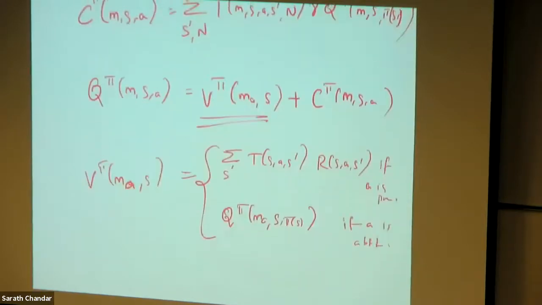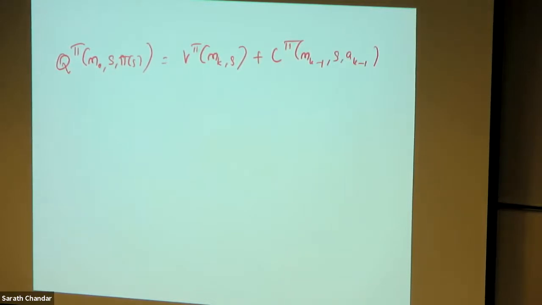By this way, I can actually decompose the entire Q function, Q pi of M0 S pi of S, as V pi of Mk of S plus C pi of Mk minus 1 S AK minus 1 plus and so on, plus C pi of M1 SA1 plus C pi of M0 SA0. Is that clear?